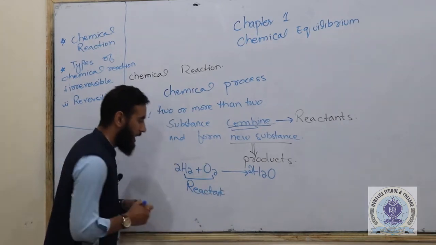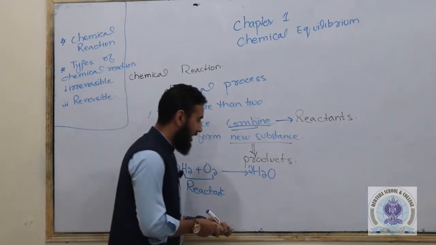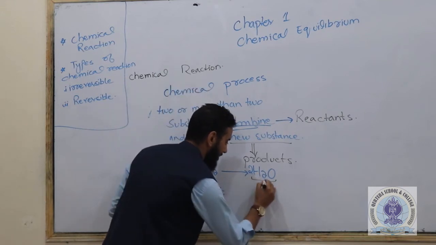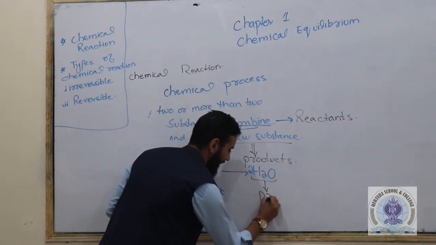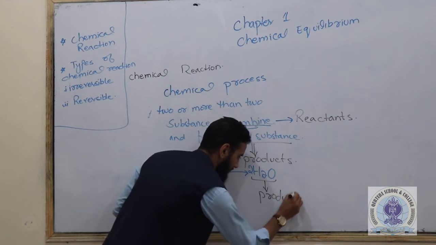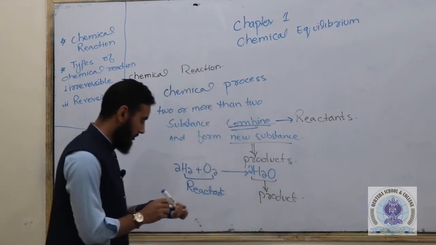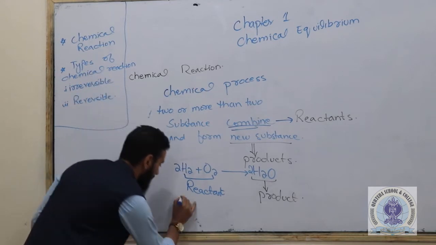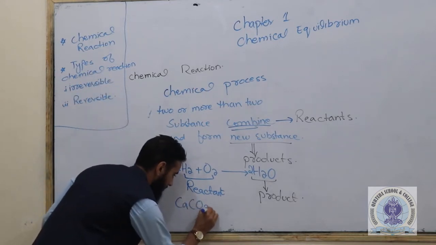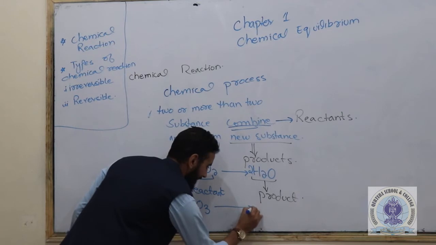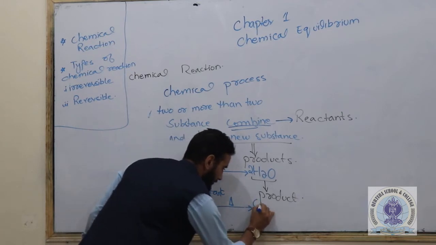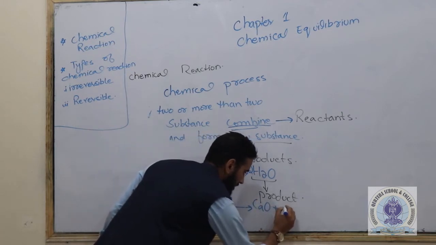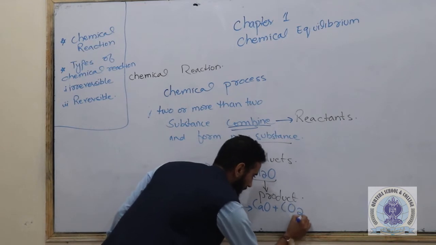They combine and form a new substance, water, which is the product. Similarly, we can take another example: calcium carbonate. When it is decomposed, it gives us calcium oxide along with carbon dioxide gas.